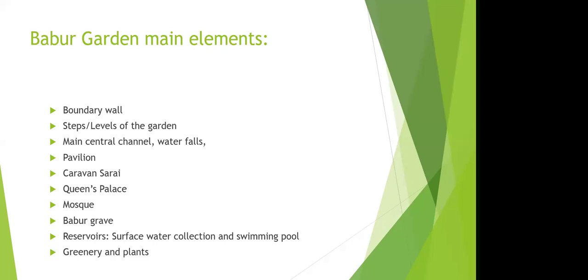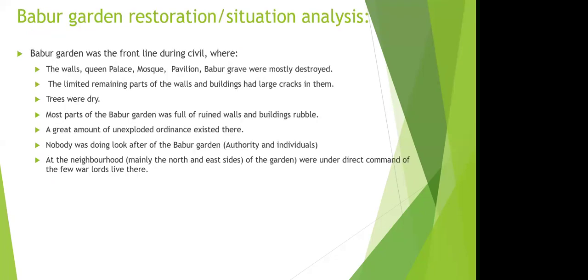There were two: one was a collection of surface water, and the other one was for swimming. And the greenery part of it, which were the plants existing there.